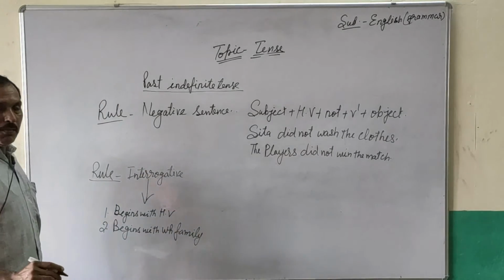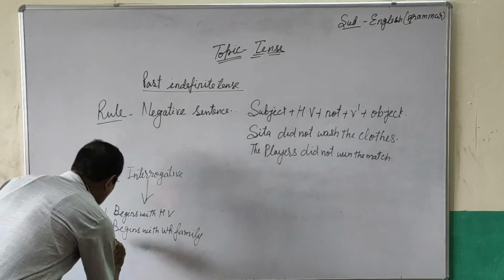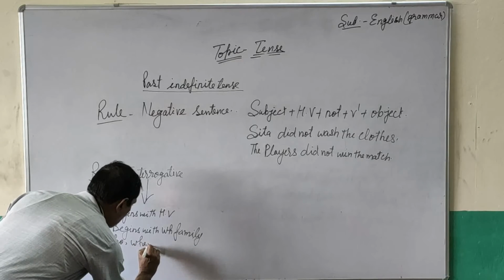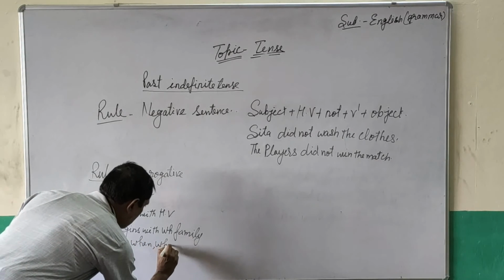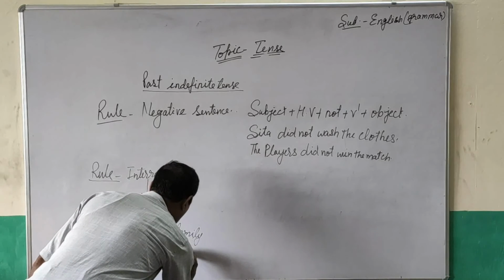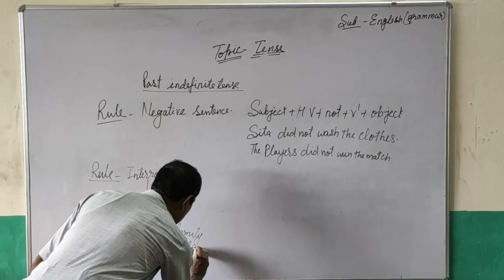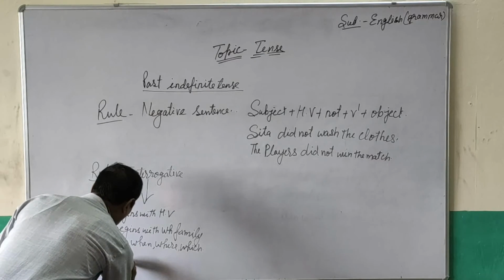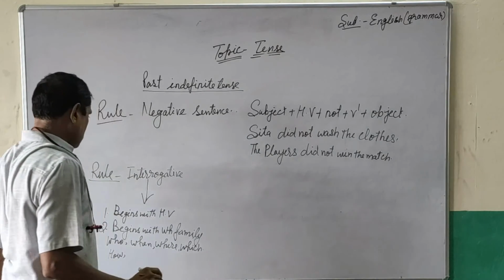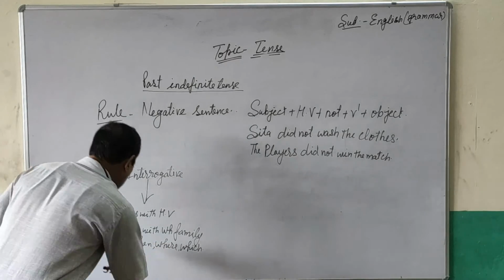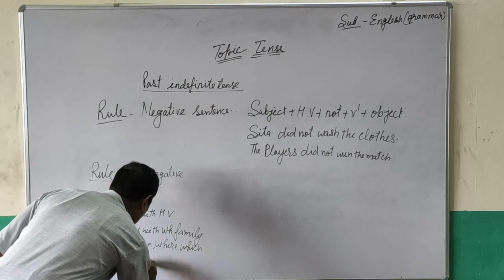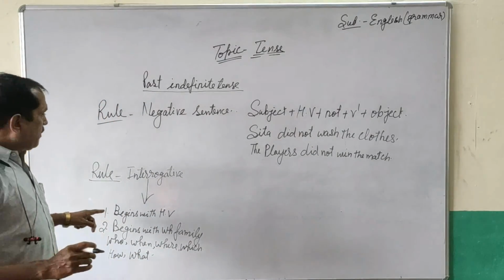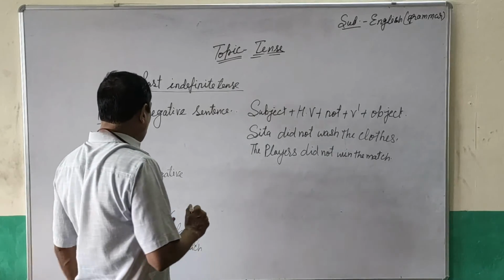Do you know the WH family? As we write who, when, where, which, also how, and what. So first of all, we take the example that begins with the helping verb.